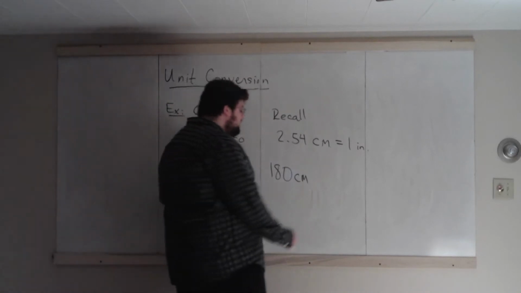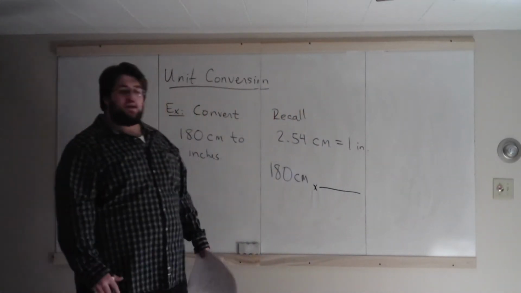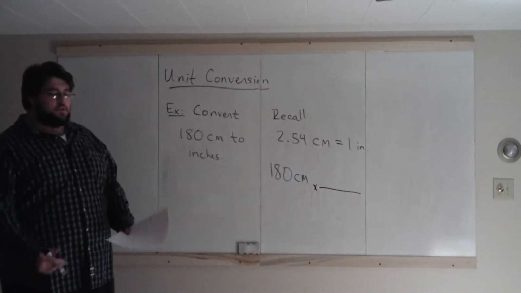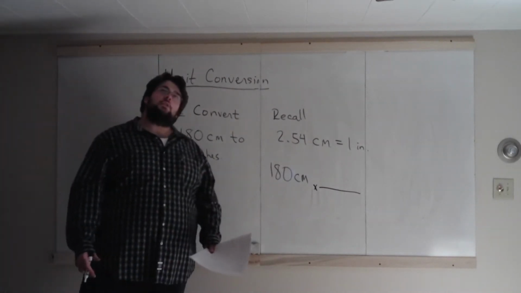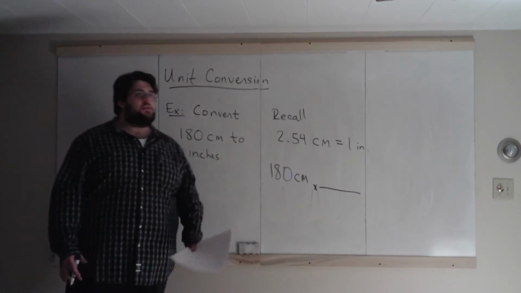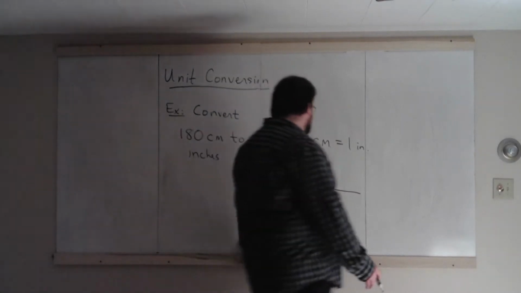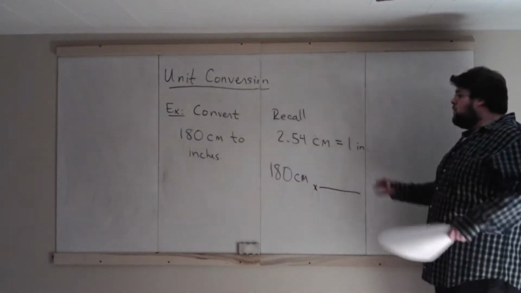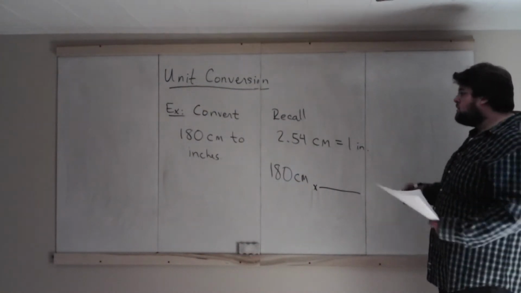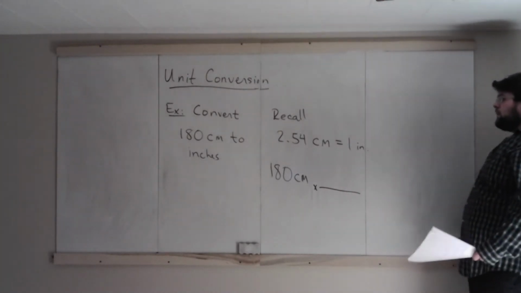So when writing these out, I actually like to write the units before writing the numbers, because it's much easier to make a mistake by disorganizing the units than it is by disorganizing the numbers. So here, we start with centimeters, and we want to have inches. And we know our conversion factor is in centimeters and inches.